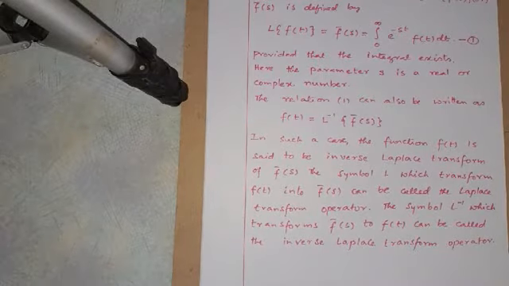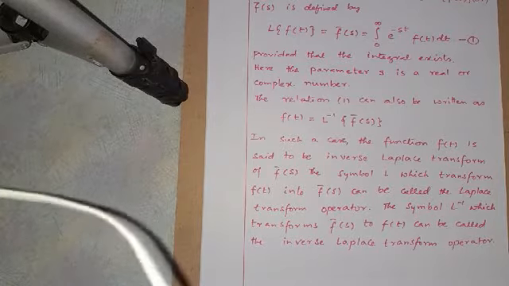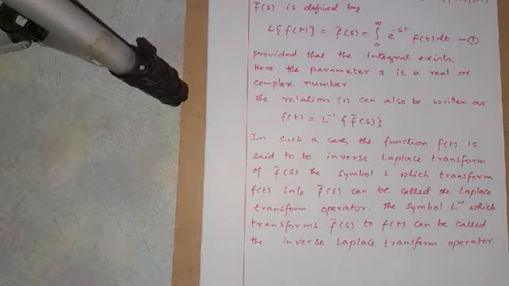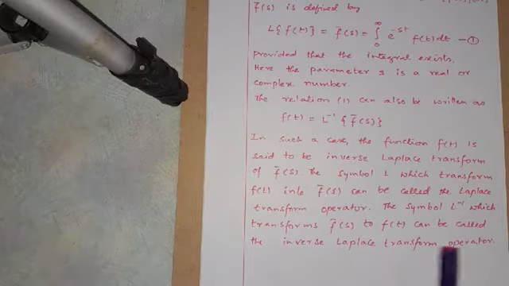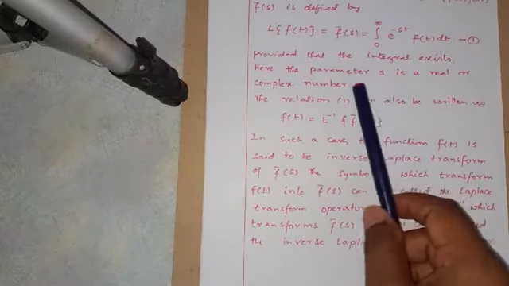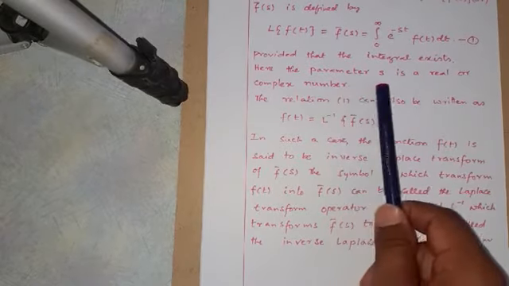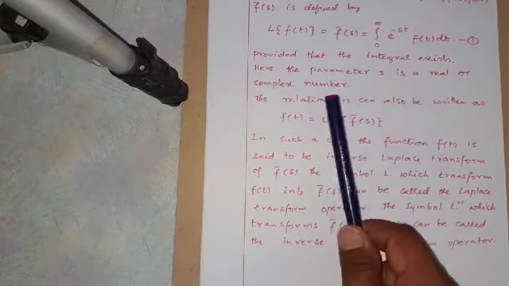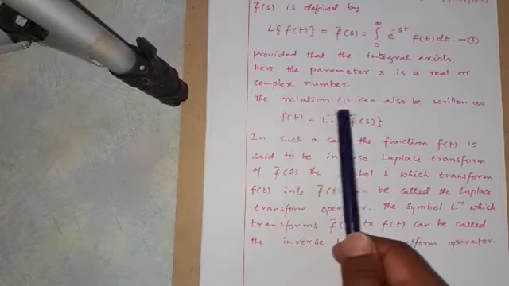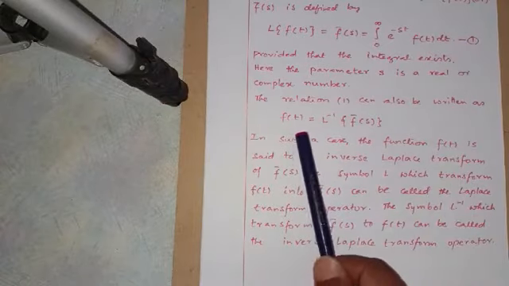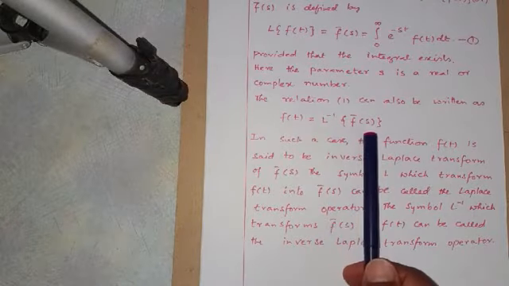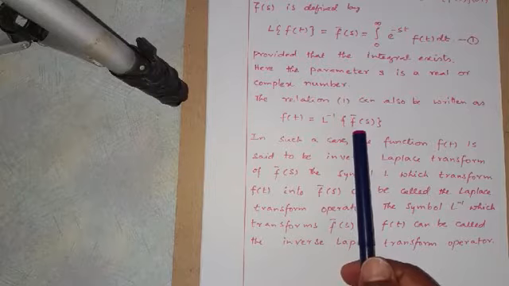Here from this it is clear that whatever terms we are taking in defining Laplace transform, I have written here clearly. Once you go through that, here we are saying that this is the definition of Laplace transform. In this, s is nothing but a real or complex number. The relation 1 can also be written as f of t is equal to L inverse f bar s. This is nothing but inverse Laplace transform.